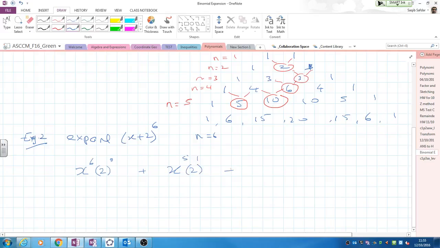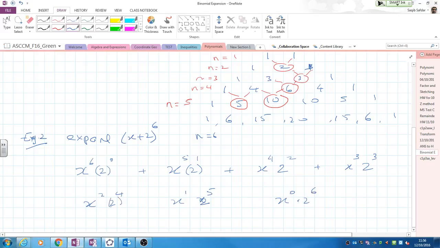Then plus x to the power of 4 times 2 squared, plus x to the power of 3 times 2 cubed, and then x squared times 2 to the 4, x to the power 1 times 2 to the power 5, and then finally x to the 0 times 2 to the 6.